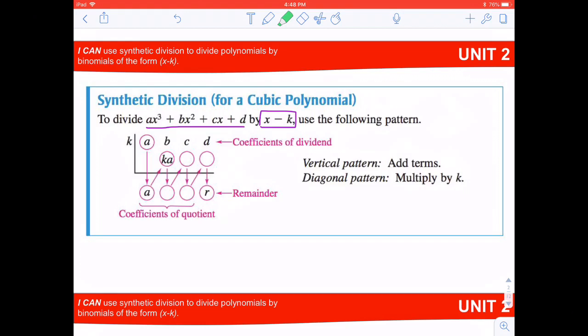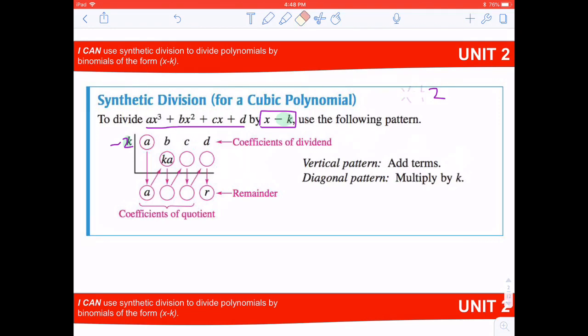So you'll notice here, if it's in the form x minus k, then this k, whatever that number is, is going to go right here on the left-hand side. If it was x minus 2, then you would have a 2 here. If it was x plus 2, then you would put a minus 2 there.